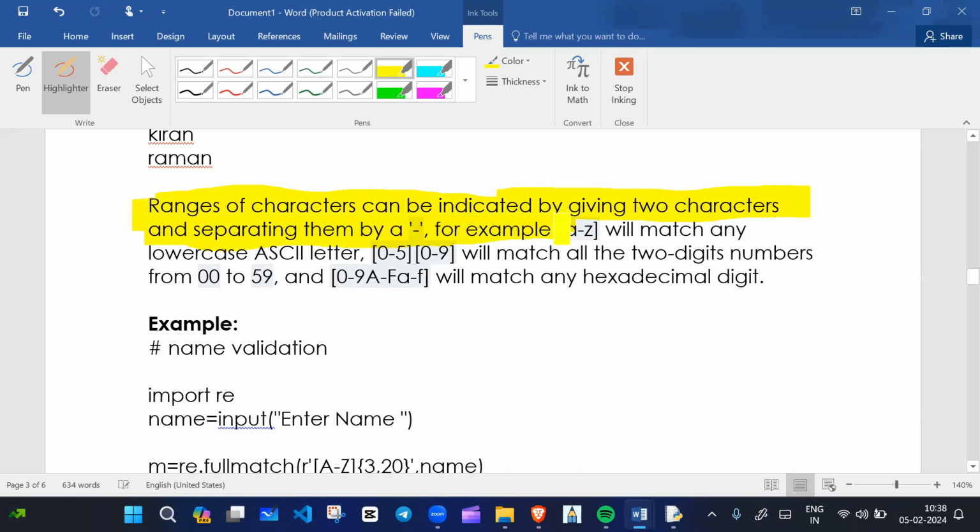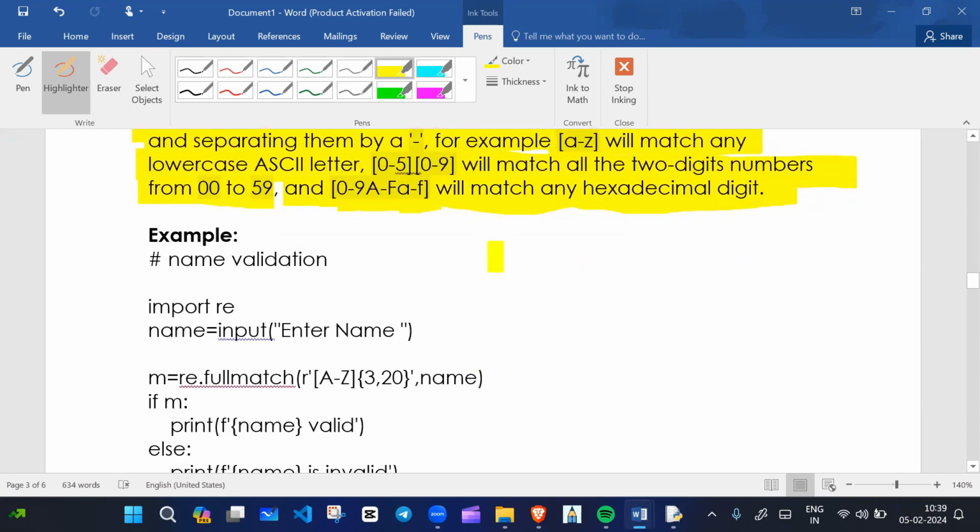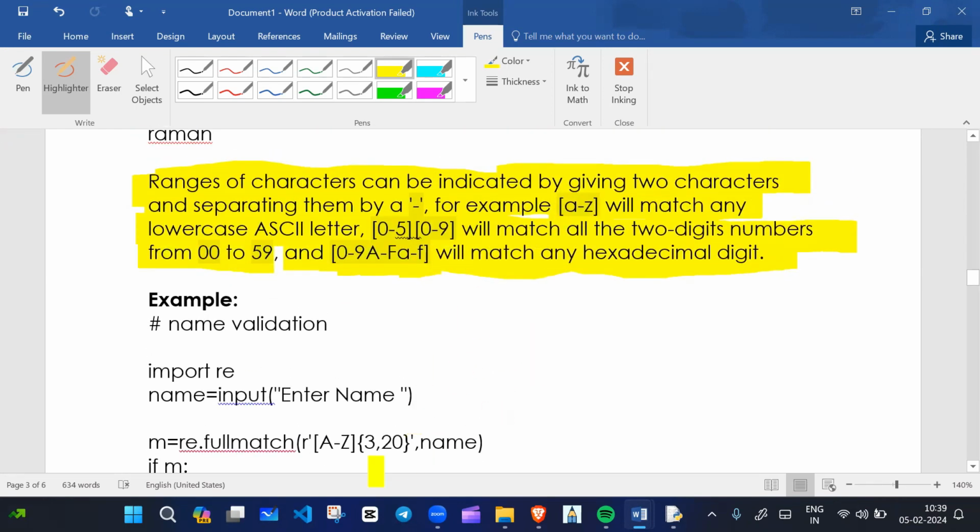For example, a hyphen z will match any lowercase ASCII letter. 0 to 5 followed by 0 to 9 will match all the two-digit numbers from 00 to 59. And 0 to 9, a to f, or capital A to F will match any hexadecimal digit, right? So let's understand this with code. What's the meaning of ranges?